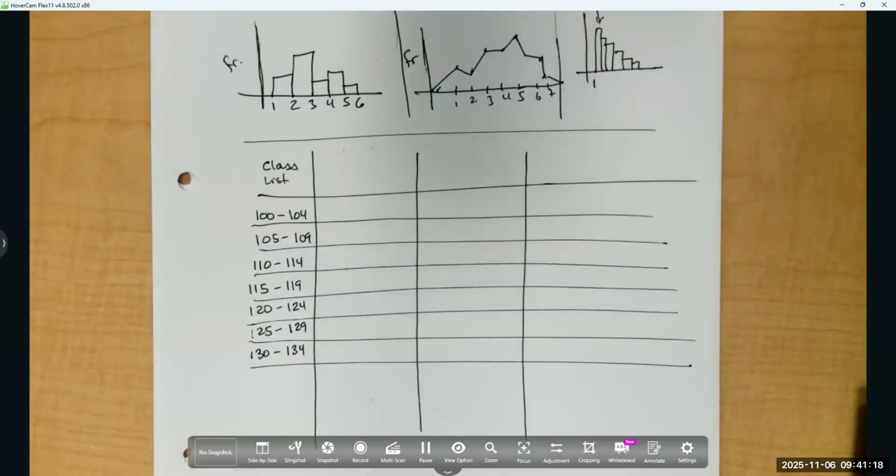I want you to create the histogram and the frequency polygon from this data. So how do we do that? What's the first thing we have to do? We have to do something else before that.